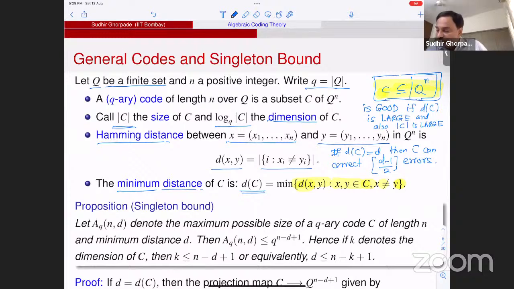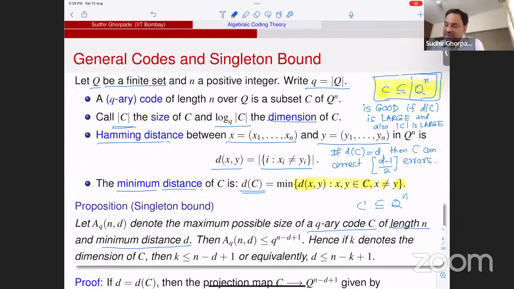So, let's say, okay. This Singleton bound tells you that suppose I have a q-ary code. A q-ary code means an alphabet set of cardinality q, of length n, so a subset of q^n, and suppose its minimum distance is some given number d.